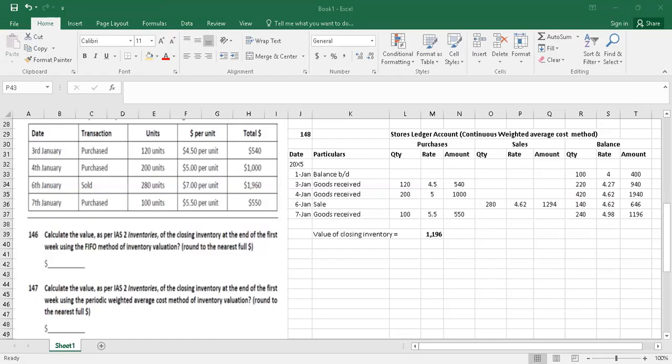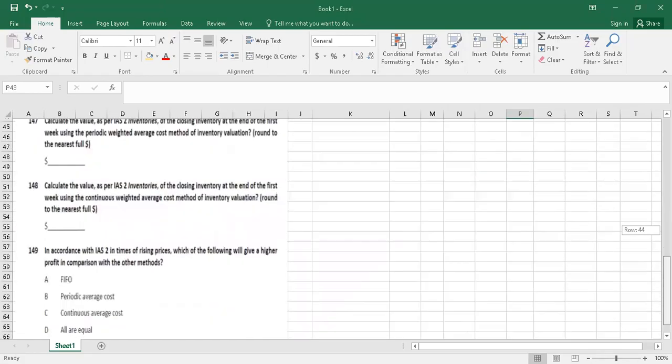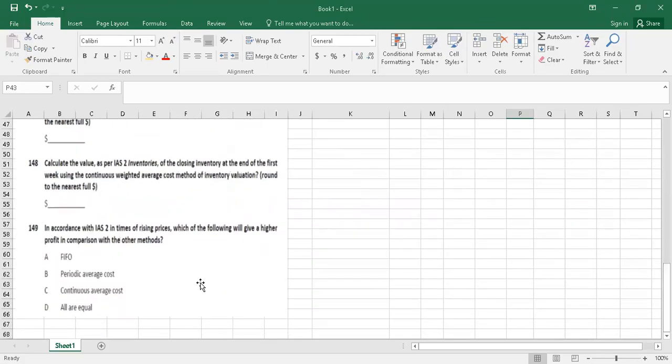One more MCQ is there. Let's answer that MCQ. See, if you have made a note of all these things, I will move the cursor down. Question number 149. In accordance with IAS 2, in times of rising prices, which of the following will give a higher profit in comparison with other methods?